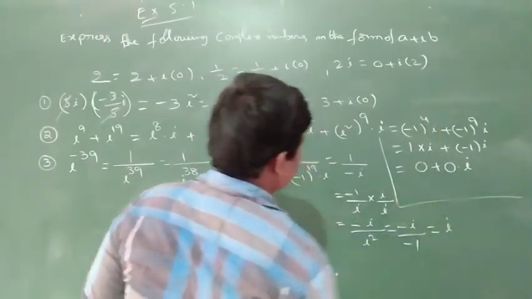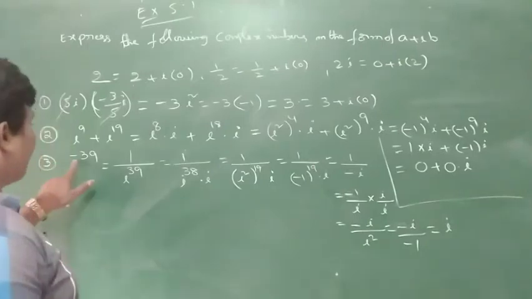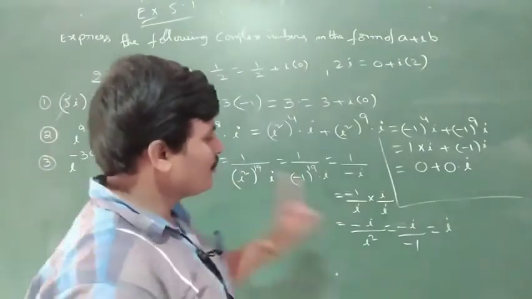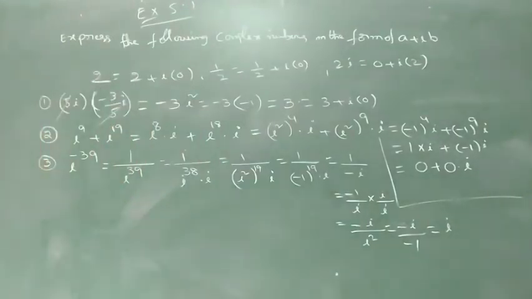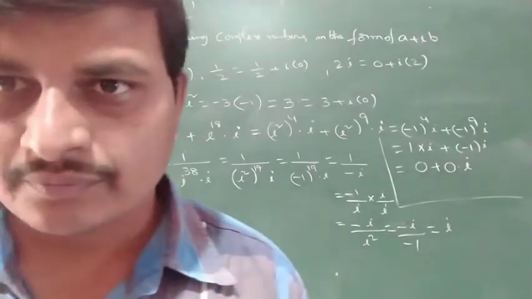So this is i power minus 39 is equal to i. Okay, this one. Next.